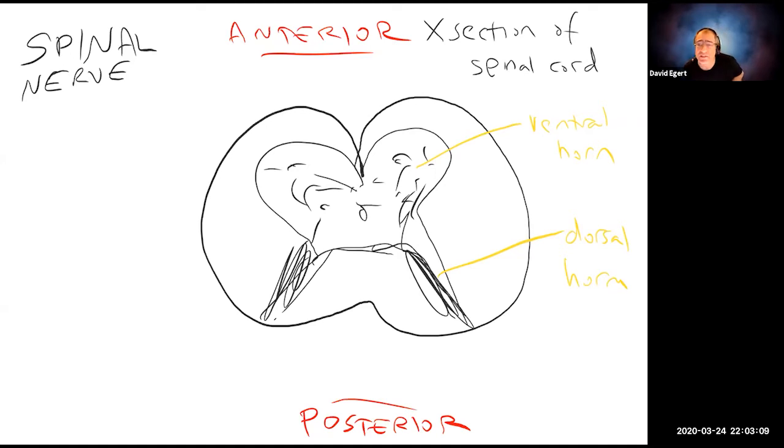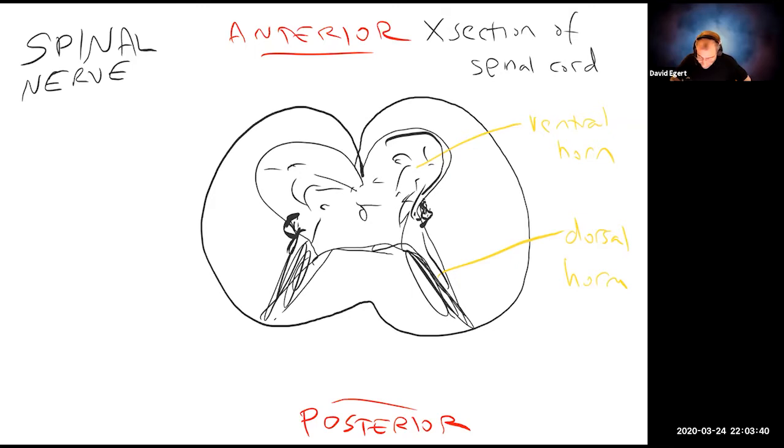Different sections of the spinal cord look a little different. Don't worry, you're not going to be responsible for recognizing what level of the spinal cord you're at. As we get a little deeper into the autonomic nervous system later, we're going to find, in addition to the ventral horn and the dorsal horn, there's something called the lateral horn, which is autonomic motor, sympathetic motor.